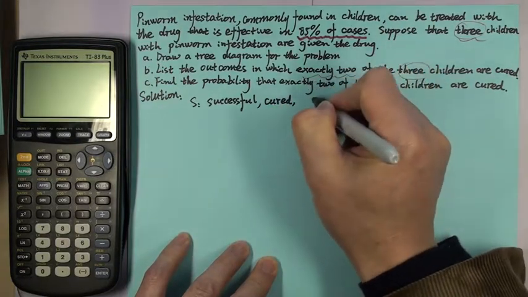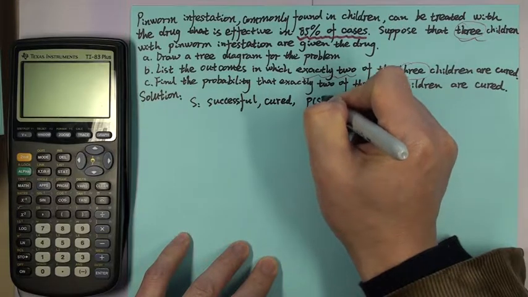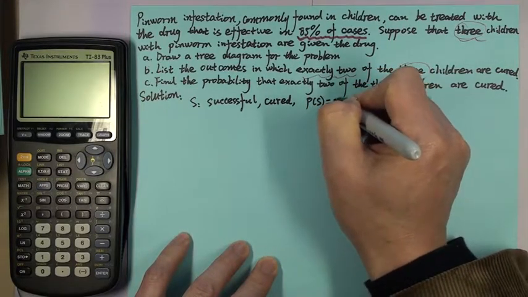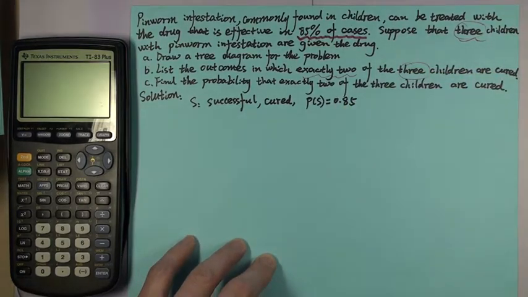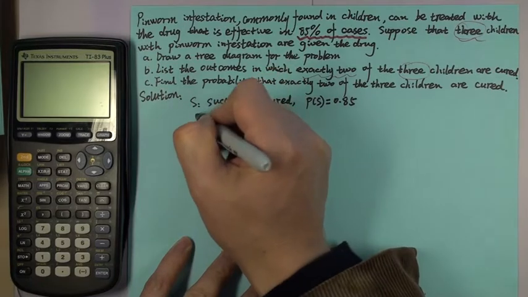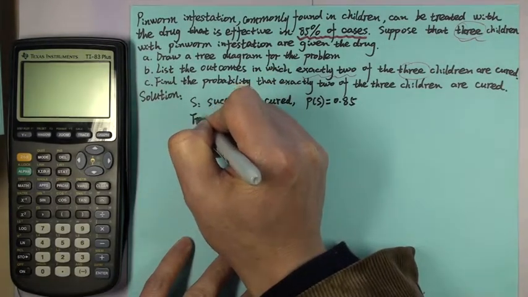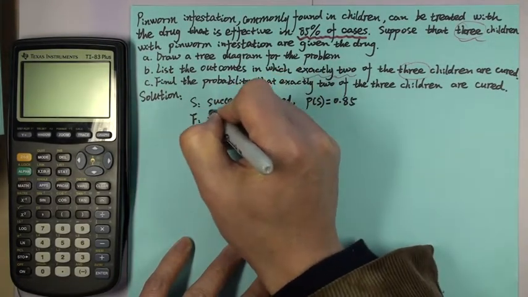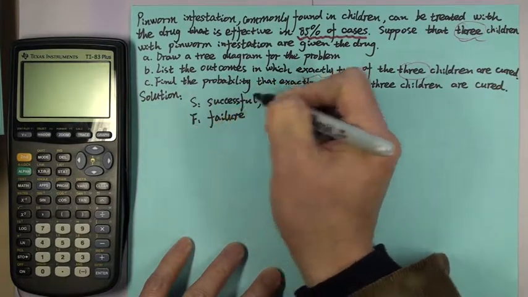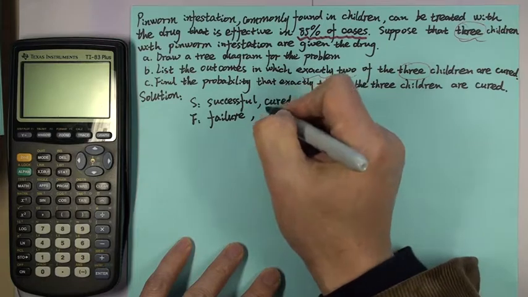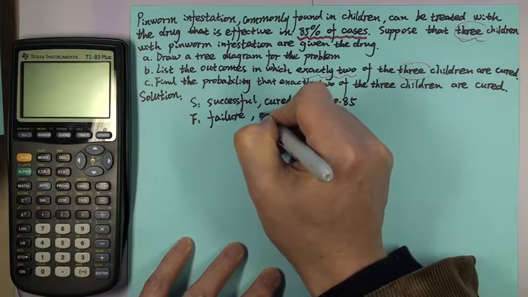And then we will have P of S is 0.85. Now F stands for failure, then it will be not cured.